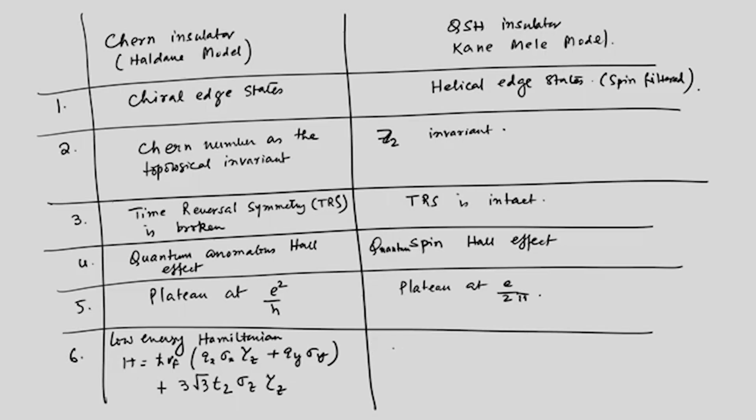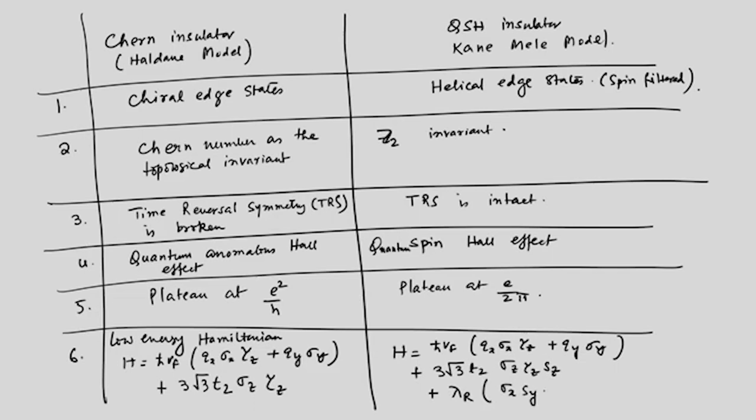Similarly, a low energy Hamiltonian is ħ Vf (Qx sigma x tau z plus Qy sigma y) plus 3 root 3 T2 sigma z tau z sz, that is the spin, plus lambda R (sigma x sy tau z minus sigma y sx).